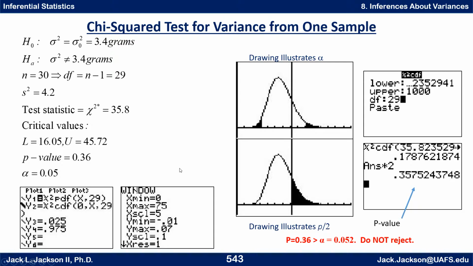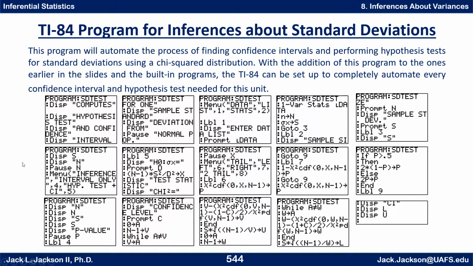Now, the good news here is that this can be automated. So guess what? Once again, I've written a program, and this program is for inferences about standard deviations. This will automate the process of finding confidence intervals and performing hypothesis tests for standard deviations using a chi-square distribution.